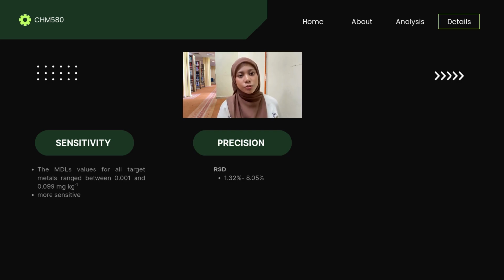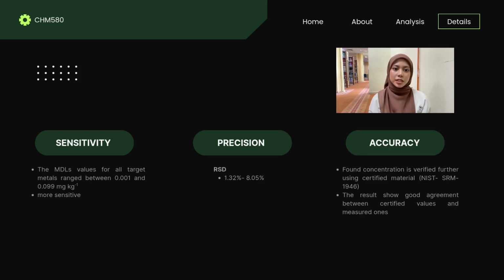The RSD value is below 10%, which indicates that the precision of the result is good. To determine the accuracy, the found concentration is verified further using certified material, NIST SRM 9046. Student t-test was used for comparison between certified values and found concentration, and shows good agreement between certified values and measured ones.